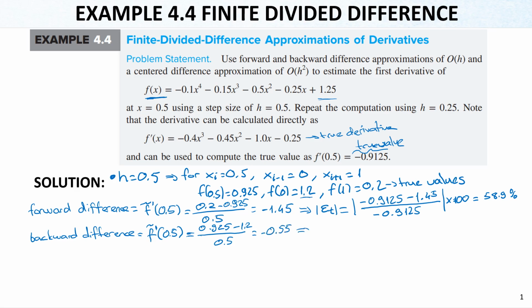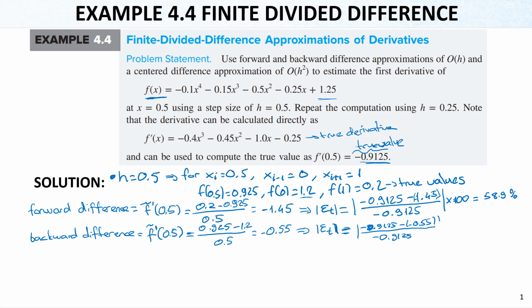And from here, the epsilon t, the relative error, with the true value, again this one, minus 0.9125 minus minus 0.55 divided by, here also minus 1 divided by minus 0.9125.